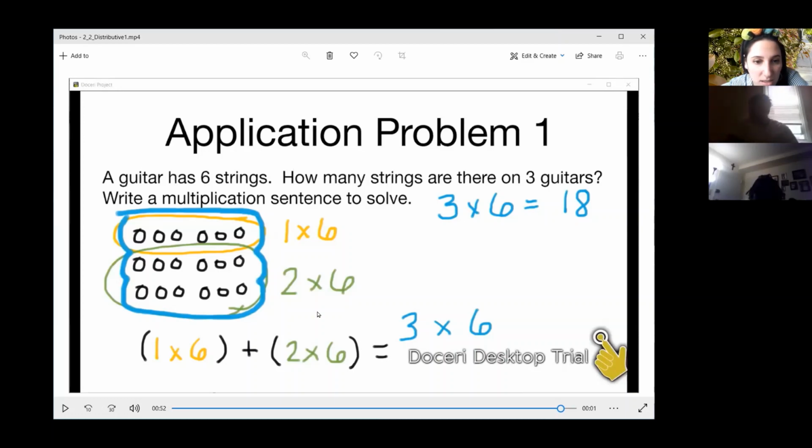Because one group is just with 6, and then 2 groups is just with.